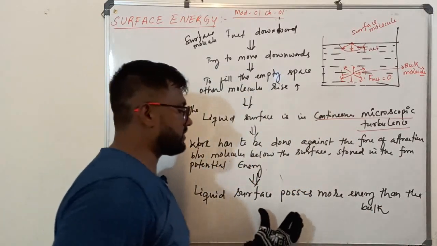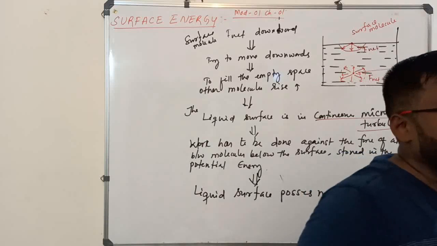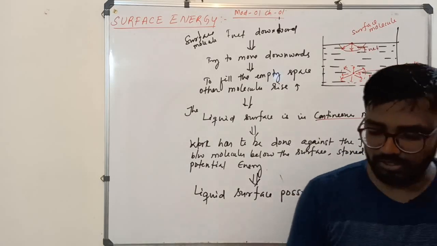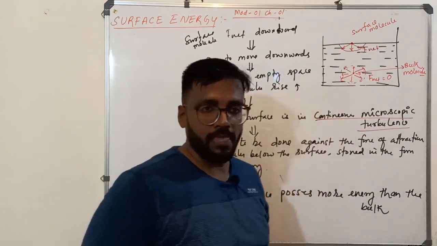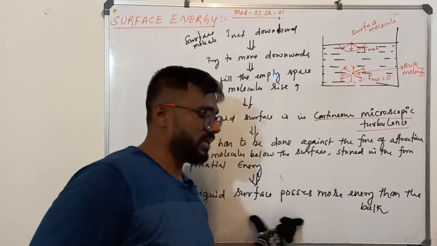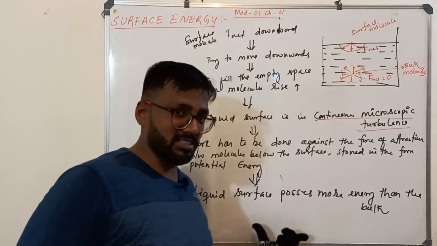That's why the surface of the liquid has more energy compared to the rest of the liquid, or compared to the bulk of the liquid molecules. Understood? So that means there is more energy in the surface.